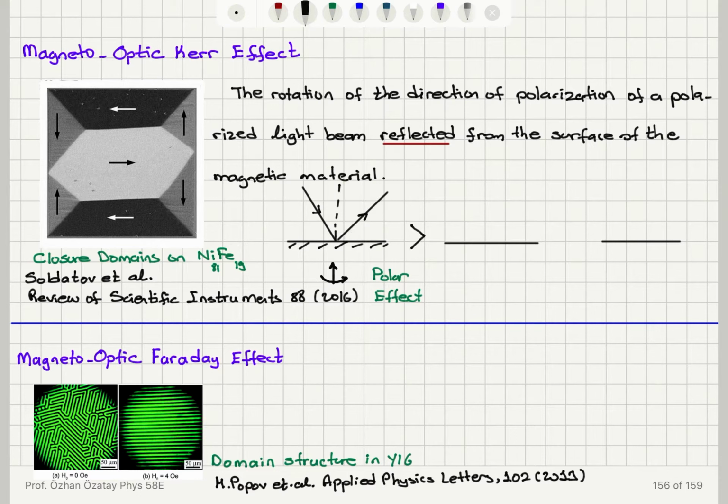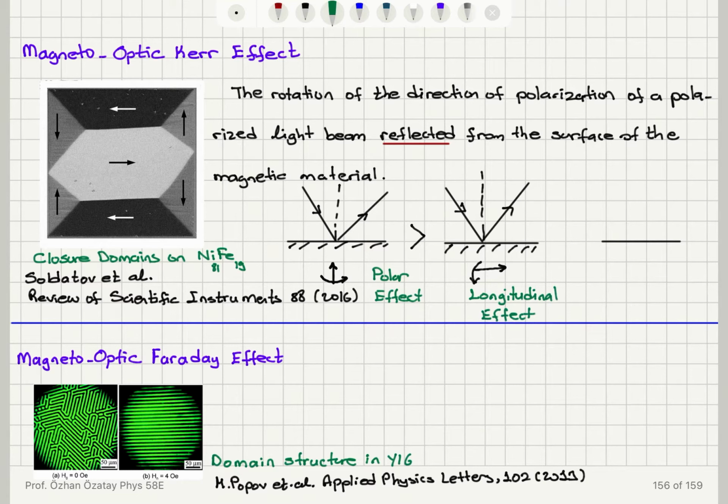This has the maximum signal compared to the case where I have the magnetization in the plane of the film, and with the right-hand rule that causes a rotation of the polarization in this direction, and we see the incident light and the reflected light here. We're detecting the polarization of the reflected light, and the effect that we have here is the longitudinal effect.